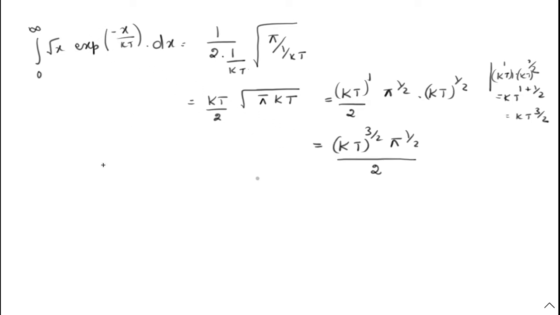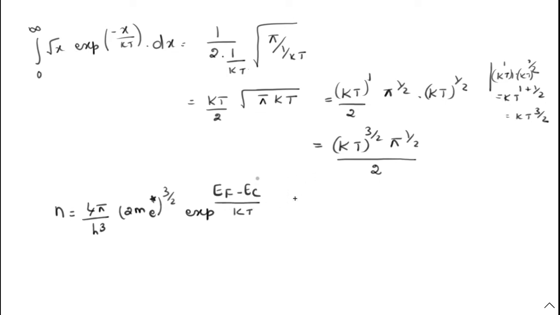Okay, so now for this integration directly we can substitute this equation. So what is the final result we got? N is equal to 4 pi divided by h cube, okay, and then 2m e star whole to the power of 3 by 2 and then exponential of EF minus EC divided by kT. Okay, here only the integration starts.